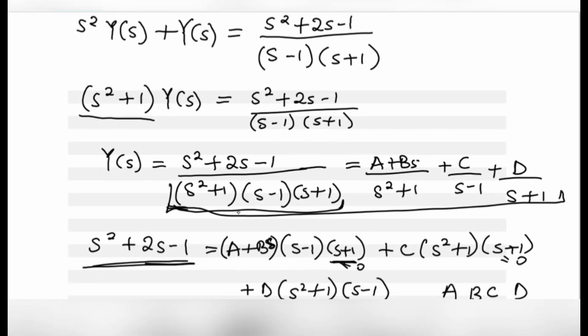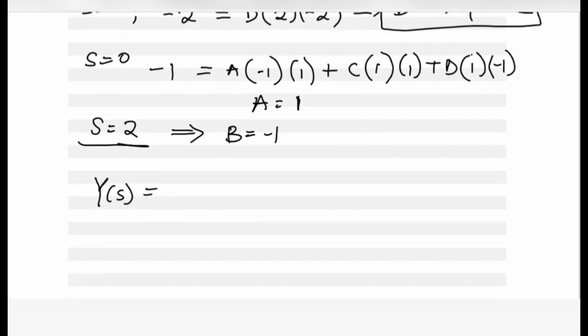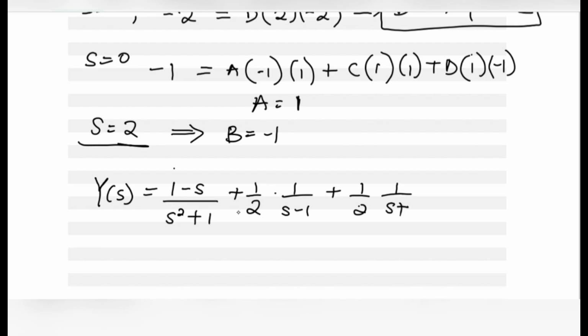And with this being said, you can now write your y of x, which we know to be this. This is y of x. So if we write this, we're going to get 1 minus s over s squared plus 1, then plus 1 over 2 into 1 over s minus 1 plus 1 over 2 into 1 over s plus 1.